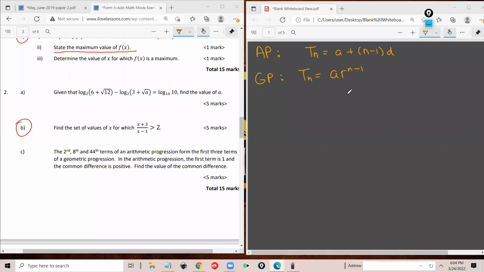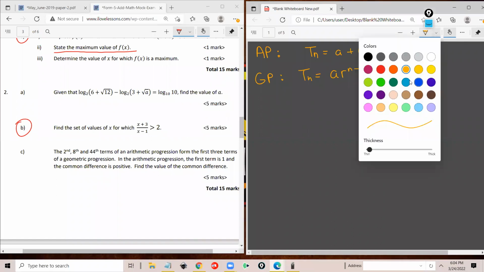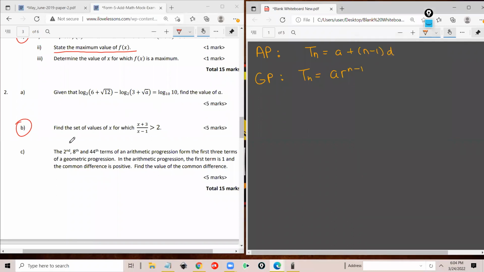So apparently you have an AP and you have the second term, 8th term, and the 44th term. So for the AP, the expression for T2 would be what? A plus n minus 1 by d. Now they said that the first term in the AP is 1.